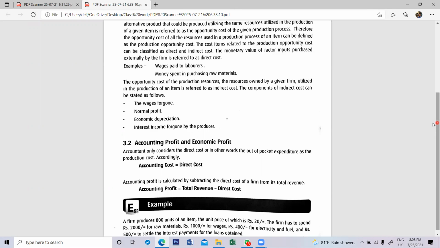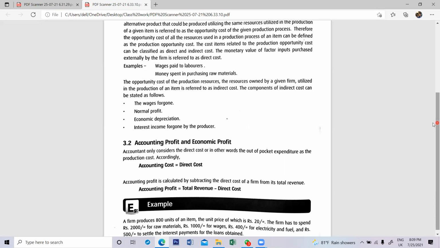But the economists consider explicit cost and implicit cost, direct and indirect. So the economist's cost of production is greater than the accountant's cost of production. As a result, accountant profit is somewhat bigger than economist profit.